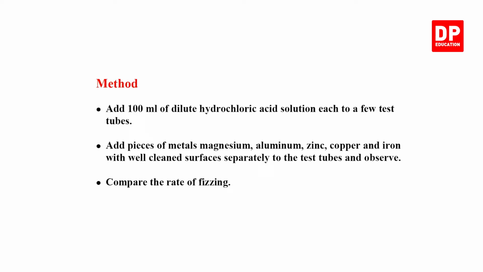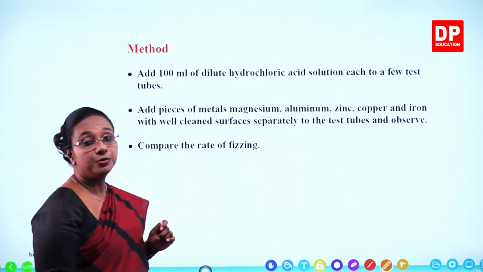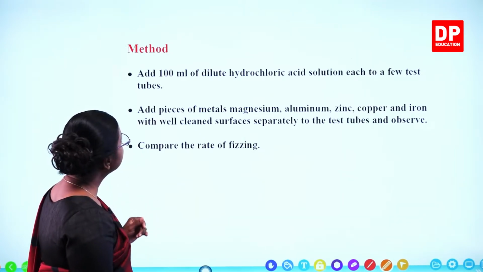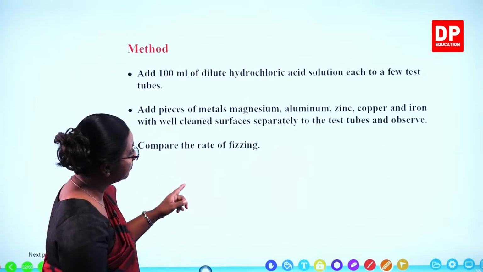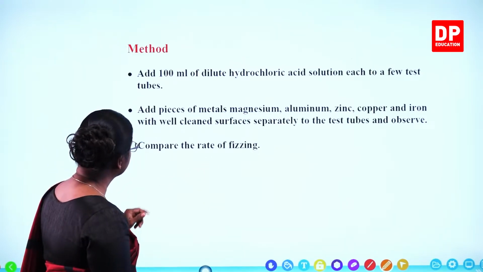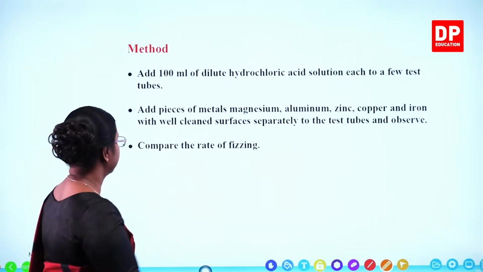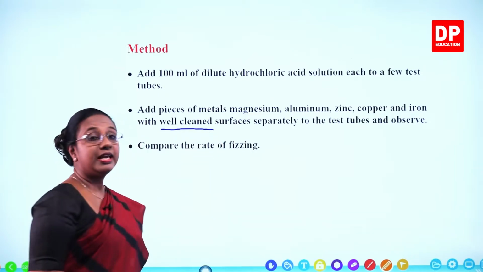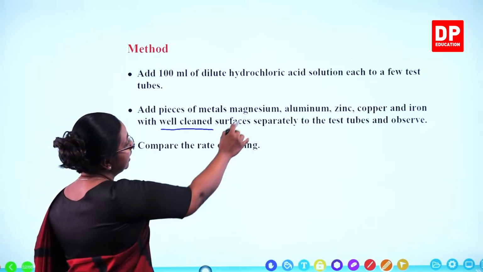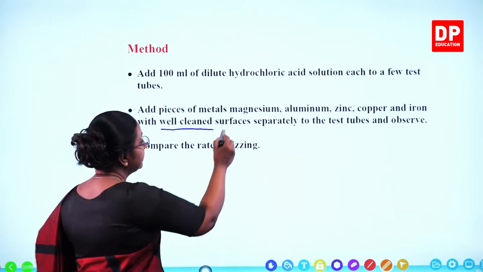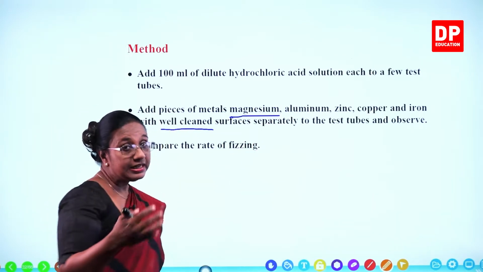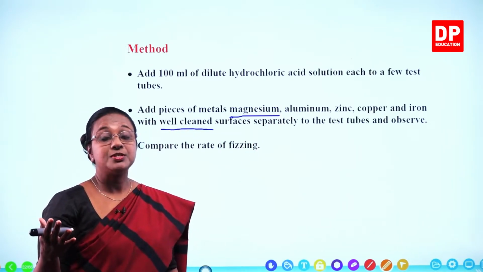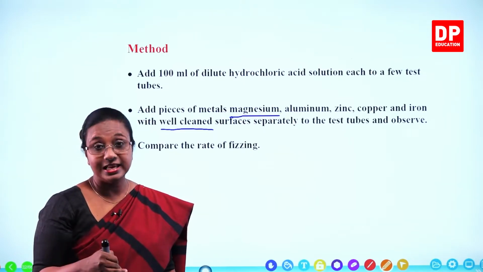So the method: add 100 milliliters of dilute hydrochloric acid solution each to a few test tubes. Add pieces of metals magnesium, aluminium, zinc, copper and iron with well-cleaned surfaces. That's very important. Usually magnesium, when it is in the lab, reacts with atmospheric air and an oxide layer is formed.